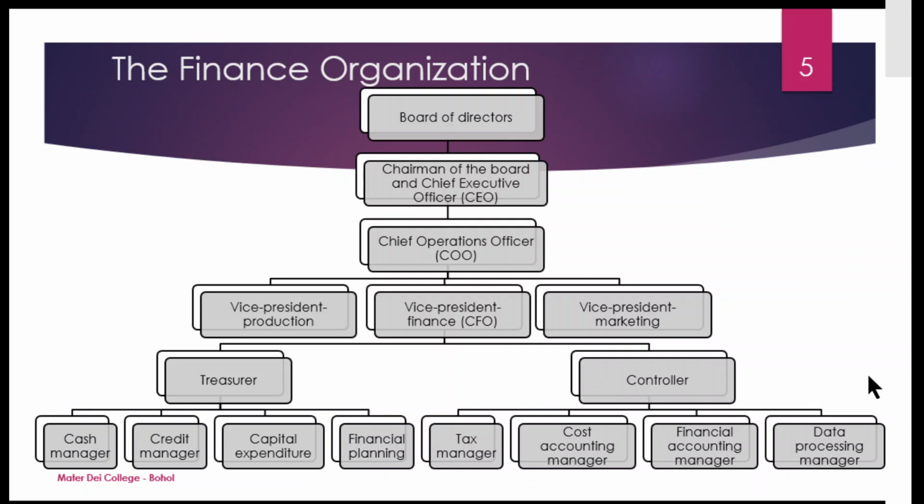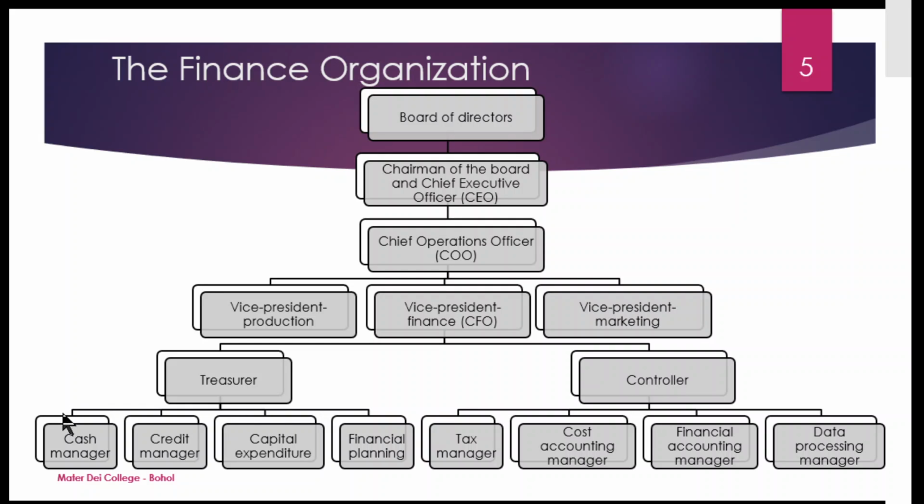And the controller is the one who prepares the records for the items that were held by the treasurer. So in short, the controller will only hold records and books and financial statements, and the treasurer will hold the assets such as cash, marketable securities.